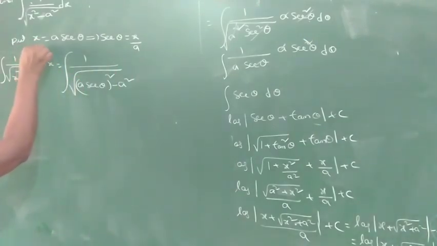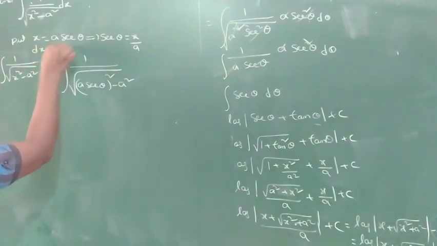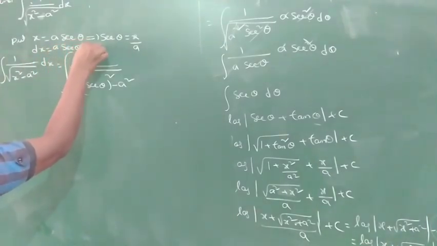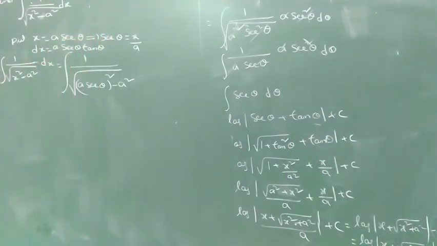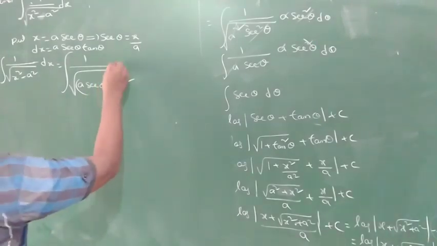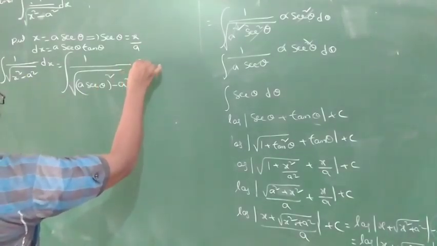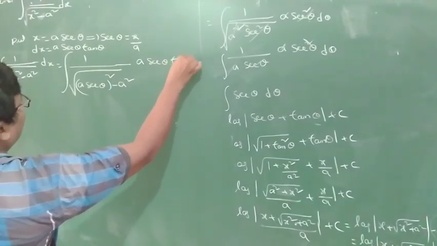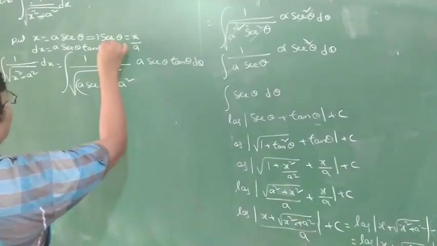The derivative: dx is equal to the derivative of secant theta, which is secant theta into tan theta, so dx is equal to a secant theta into tan theta d theta.